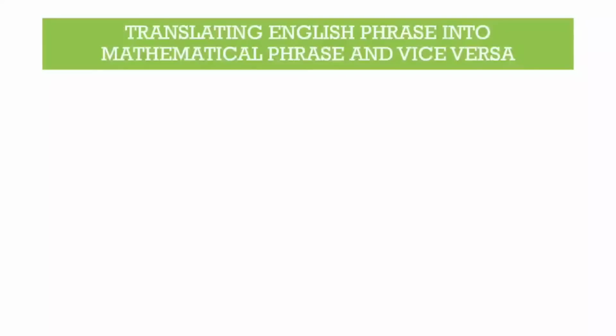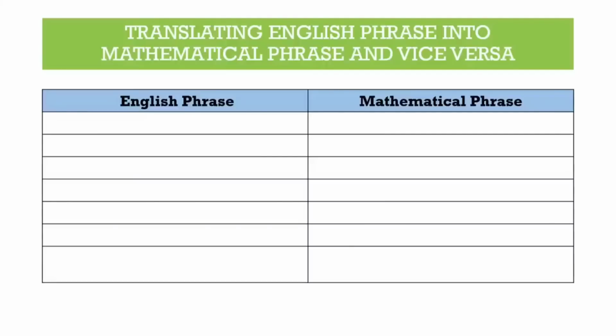Let's start with translating English phrases into mathematical phrases and vice versa. We have here 2 columns. In the first column, we have the English phrase, and in the second column, we have the mathematical phrase. So for example number 1, we have to write the sum of 3 and 4. So it is in English phrase.